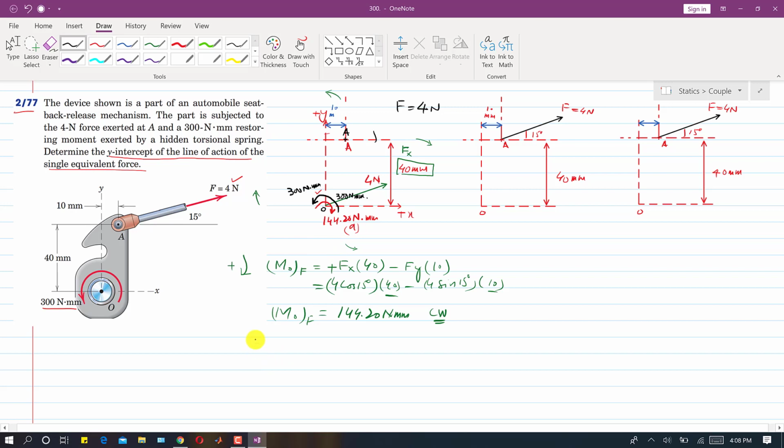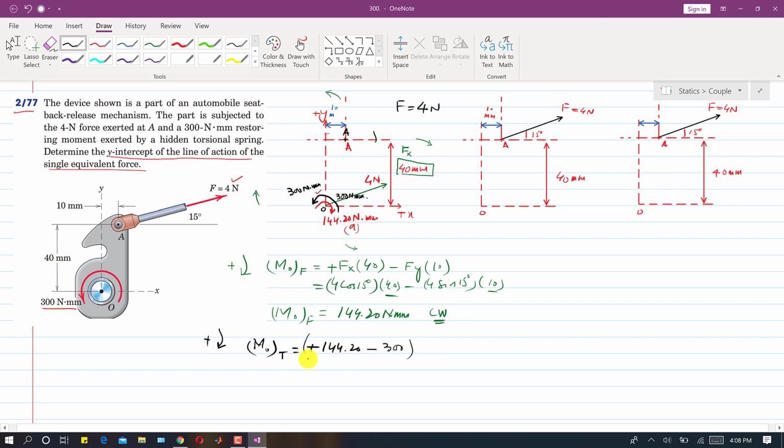So this is the initial moment at O, and this is the moment about O due to F, right? So the total moment at O, if we assume that the clockwise direction is positive, both of these moments will be just added like scalars, right? So it will be 144.20 plus, and the other one is counterclockwise, so we will write minus 300, right?